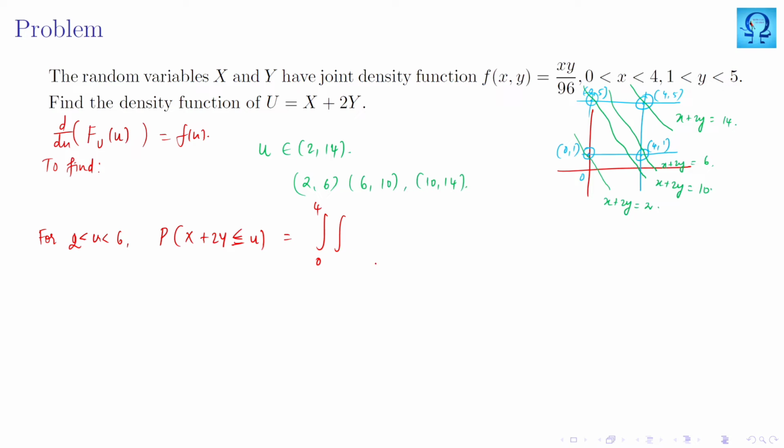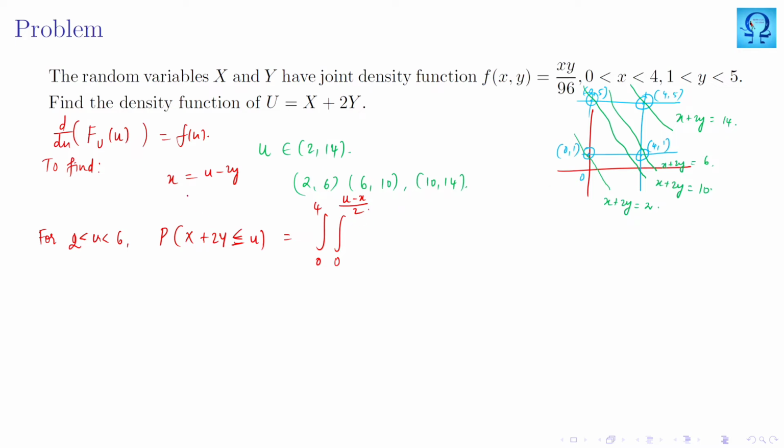And y is going to differ from 0 to u minus x. We have fixed x, which means x is going to differ from u minus 2u. You could write either x as u minus 2y, but here we are fixing x to vary from 0 to 4.